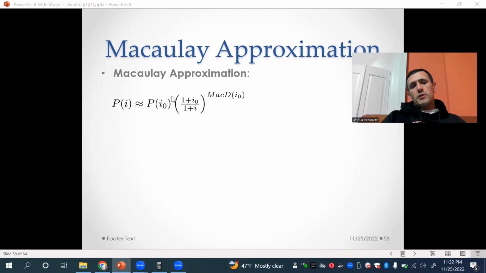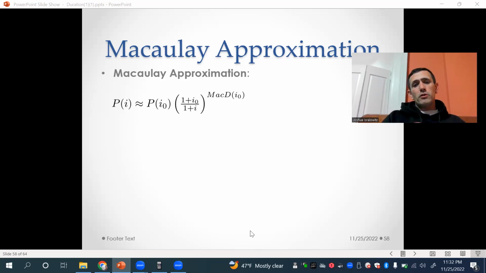So the setup is you're paying money right now for payments at the end of each period or at the beginning of each period, and all of those payments are positive, then the Macaulay approximation is always better than the first order modified approximation.